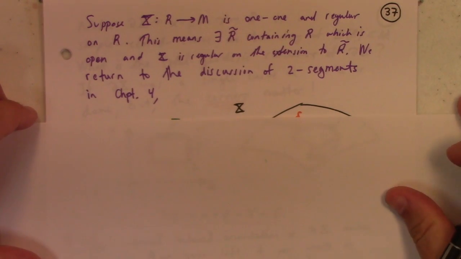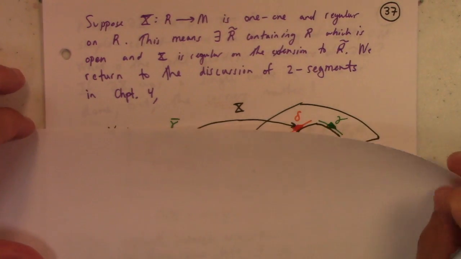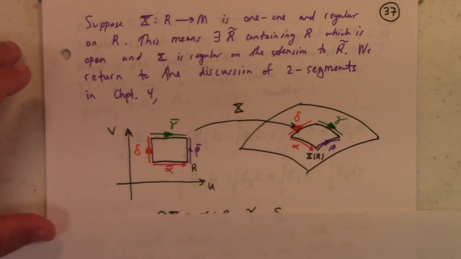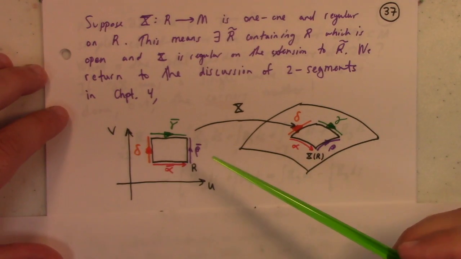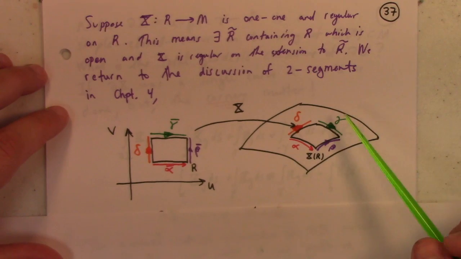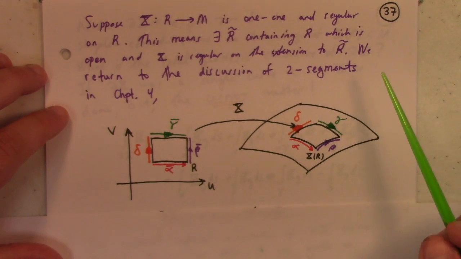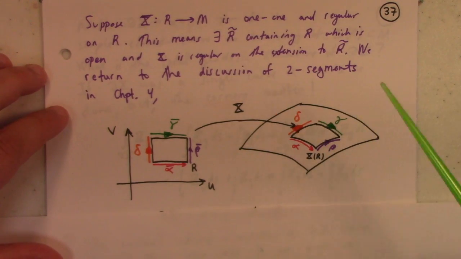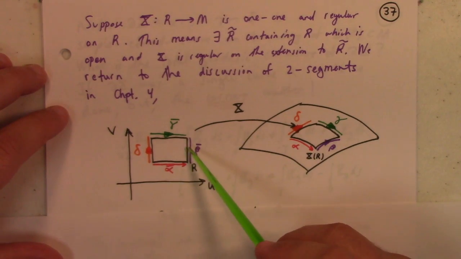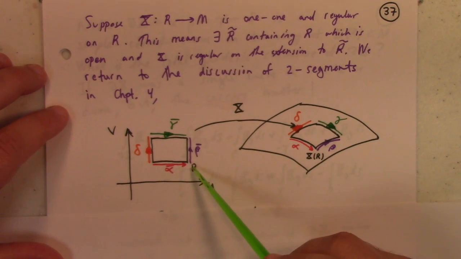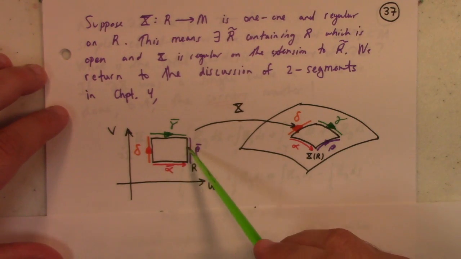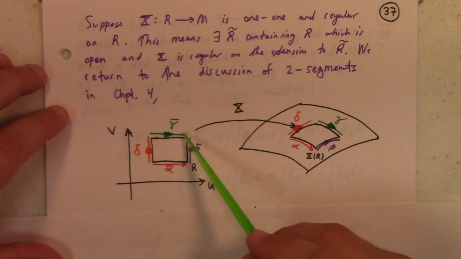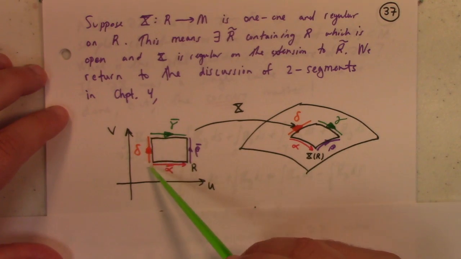We now return to the discussion of 2-segments, which we had set forth in a previous chapter. So here's your 2-segment. And we do this funny thing, which is really smart. This is actually how I try to encourage Calculus 3 students to calculate, because Green's theorem and other things are set up for counterclockwise oriented curves, but there's something intrinsically error-inducing about using opposite orientations on Cartesian coordinate parametrized curves.